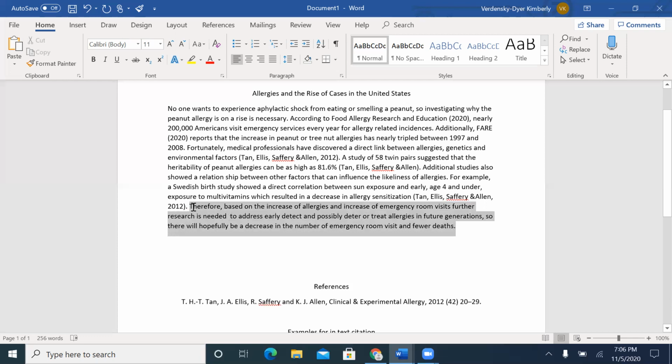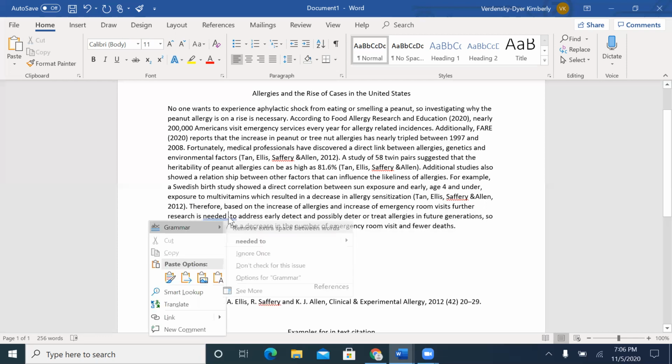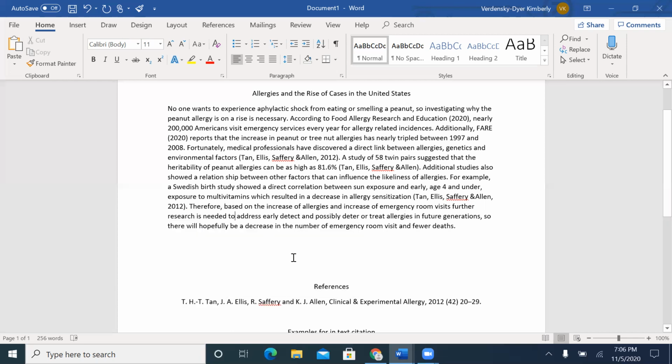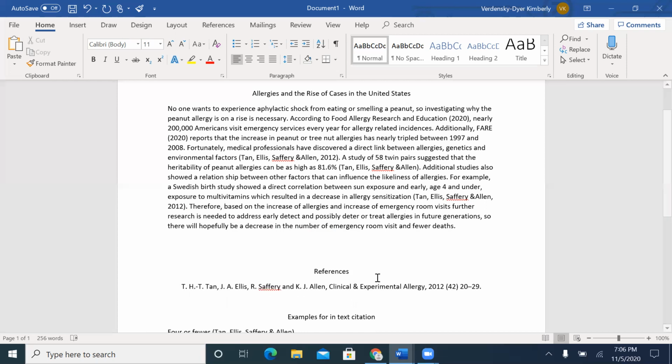Now I have a really comprehensive sentence that could function as a thesis statement that will elaborate into further paragraphs, because I would have a greater discussion of the increase of visits. I might give specific examples of how severe they are.